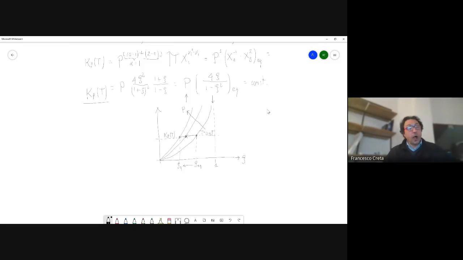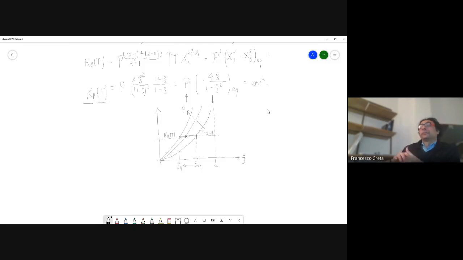Now, the reason why psi decreases, let me try and repeat it again. When you increase the pressure, what you're doing is you're perturbing your system. And whenever you perturb your system, what you're actually doing is essentially moving the system away from a condition of lowest possible Gibbs energy.